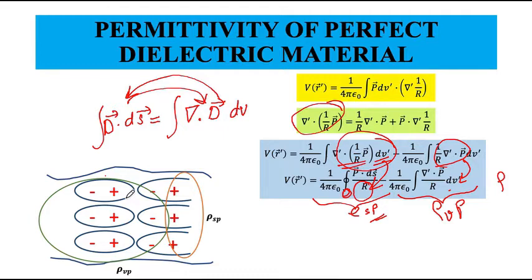Each dipole will be paired by another dipole, and this charge would be neutralized, in the sense that it would be paired with something else. However, on the surface there would be these unpaired charges, and these are the equivalent surface charges, the polarized bound charges that we are going to get.